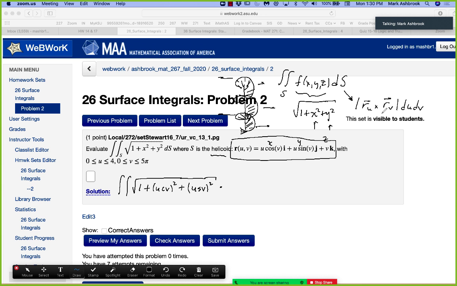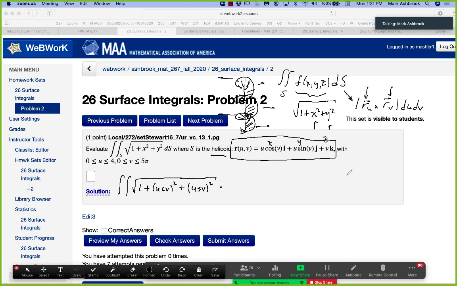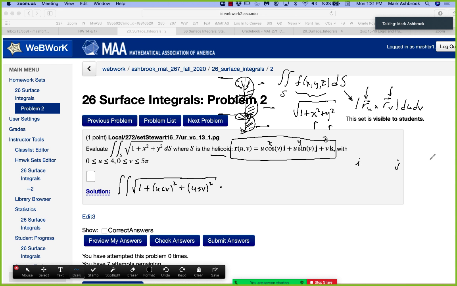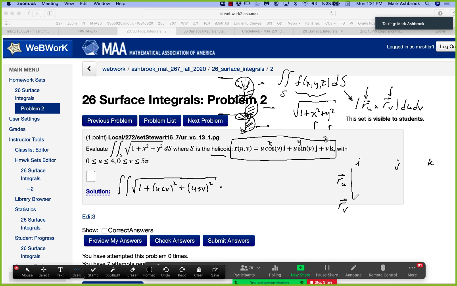So now we have to find what? The partial derivatives of our parameterization, do the cross product, and take the magnitude. So we'll do that over here. We're going to do the cross product, so that means i, j, and k. Then partial with respect to u, partial with respect to v.